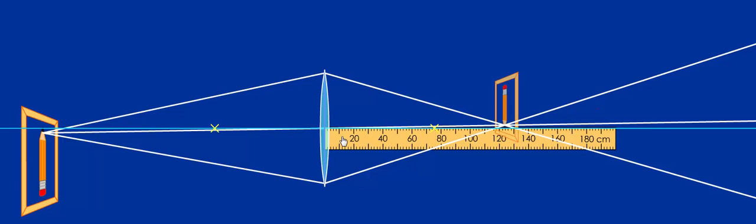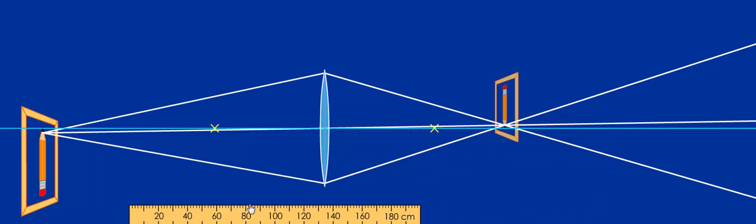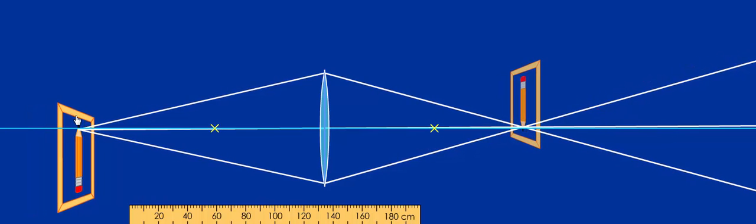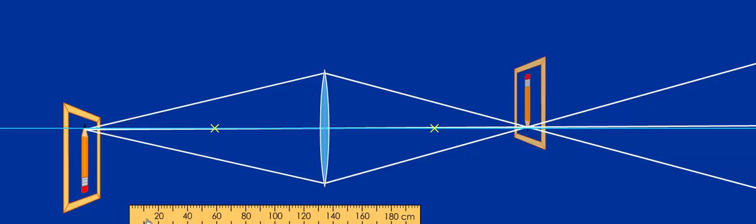Now this is the v for this trial. Measure the v value now. All right, I'm going to move the ruler out, and I'm going to change the position of the object so that we get a new object distance.